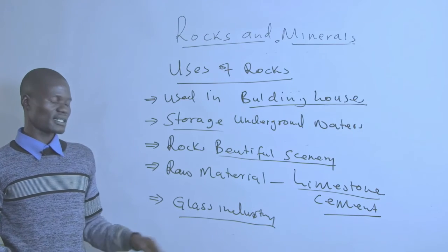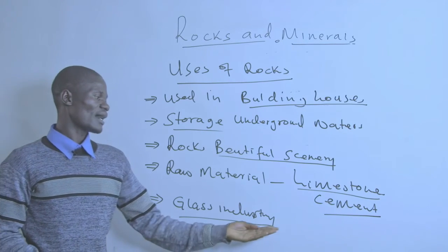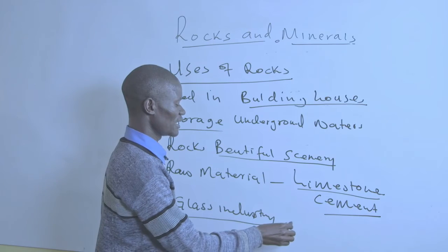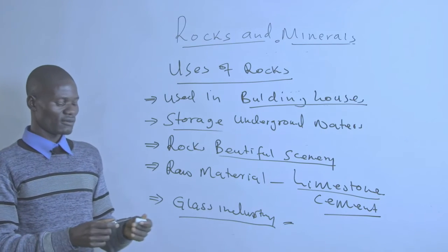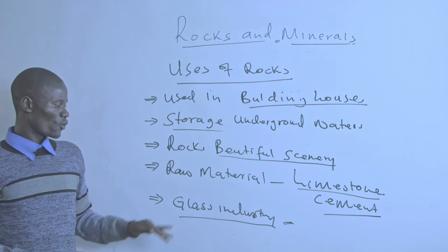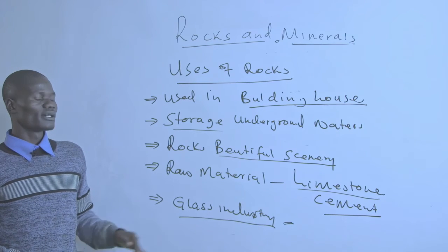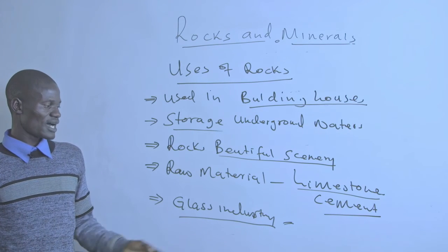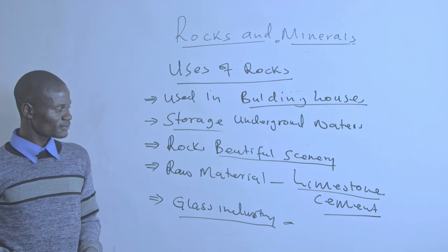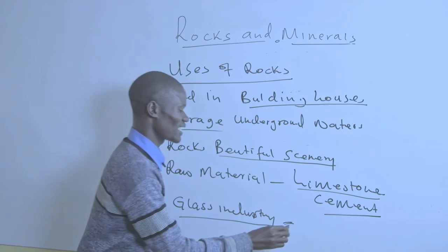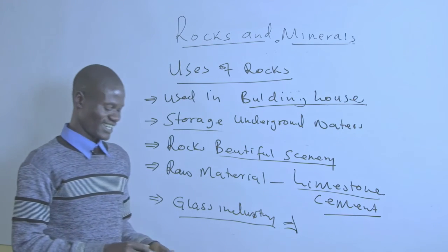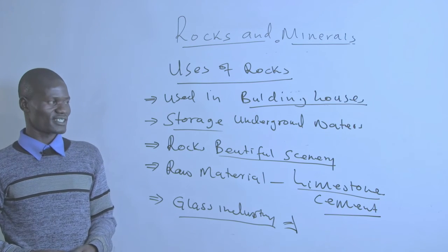Those glasses come from rocks, which are very useful in that manner. That is the general view of rocks. While we have another view, some rocks are used for medicinal value when they are taken in proportionate quantities.